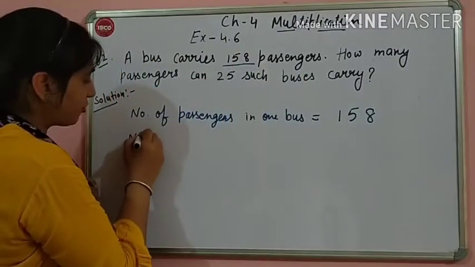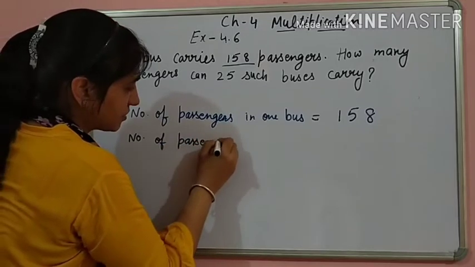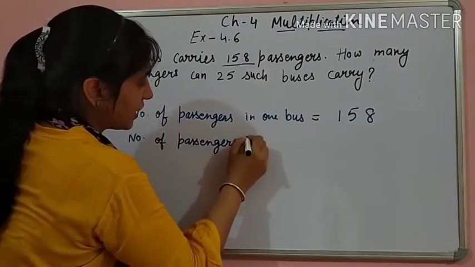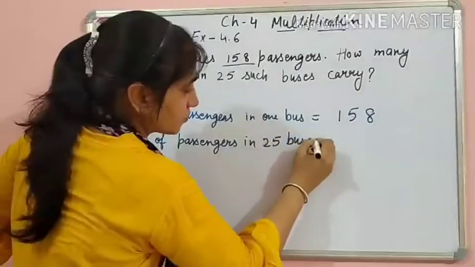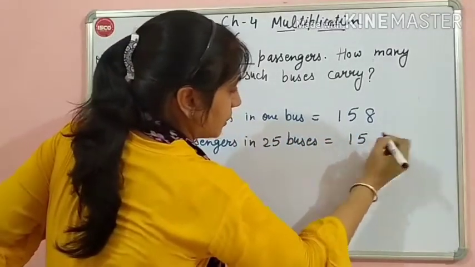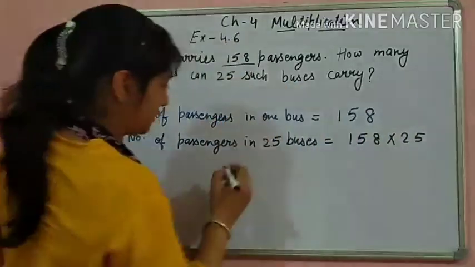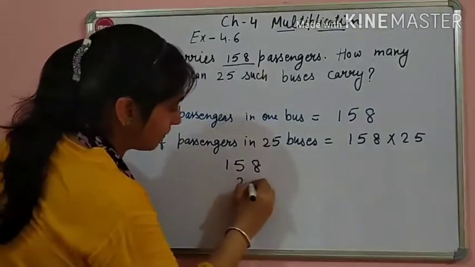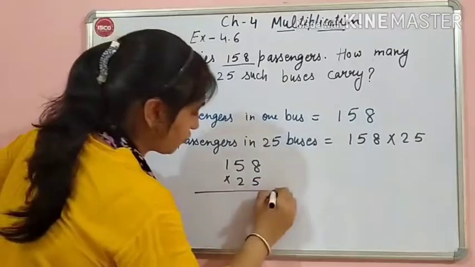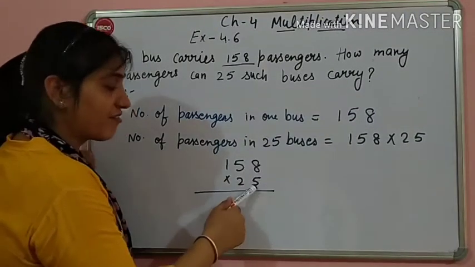Now we have to find the number of passengers in 25 buses. So how can we get it? By multiplication. So do the multiplication. First of all, we will multiply by 5.